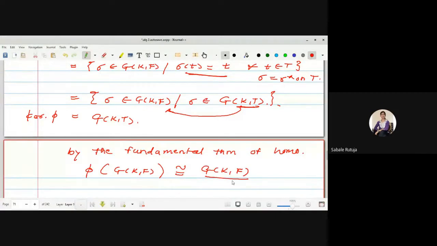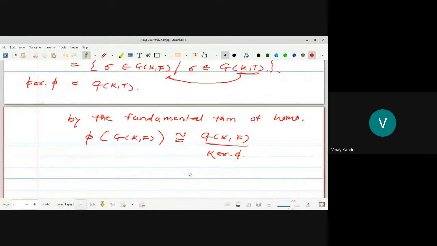Every quotient group is isomorphic to the image of phi. That implies phi of G(K/F) is isomorphic to G(K/F) divided by the kernel, which is G(K/T).